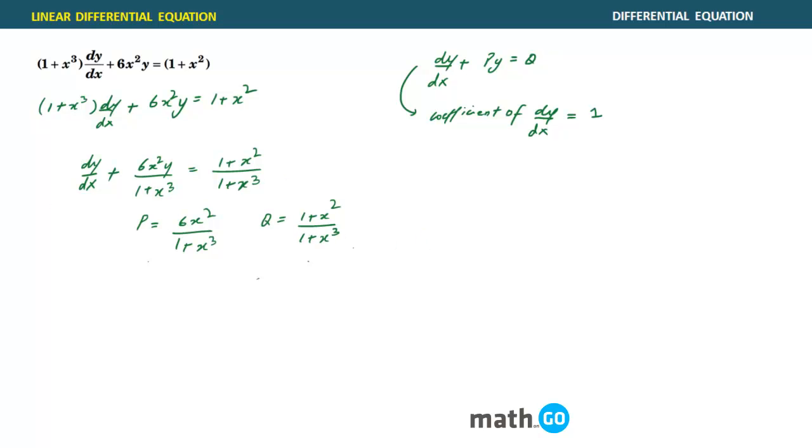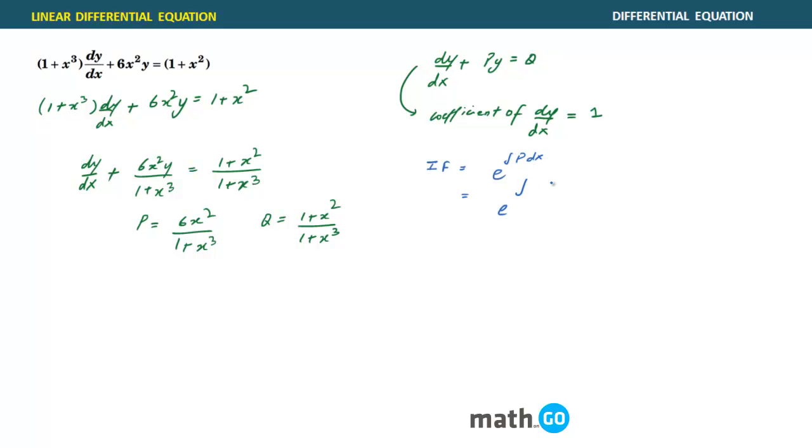Notice p and q were to be functions of x only, which is happening here, so no problems at all. So let us quickly calculate the integrating factor here. For the integrating factor, you can always solve separately. IF is nothing but e raised to the power integral of p dx.